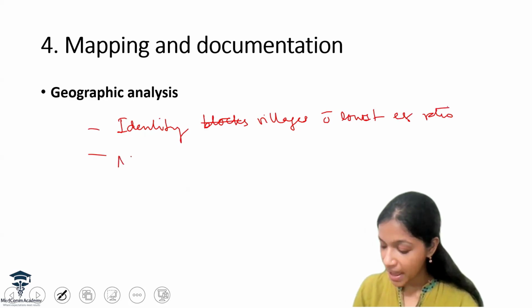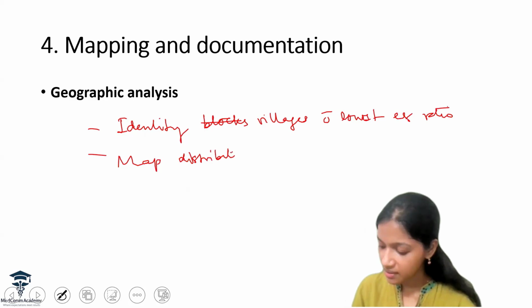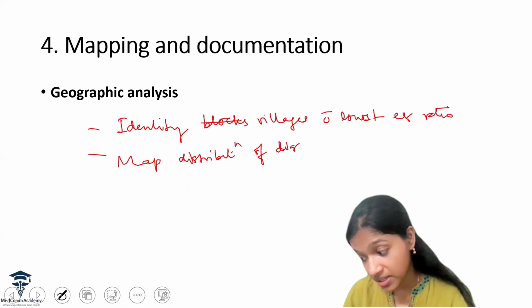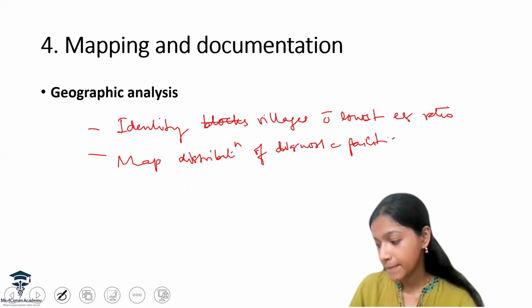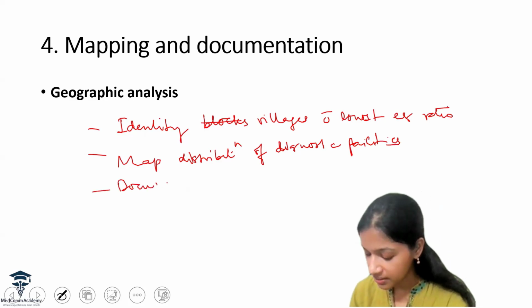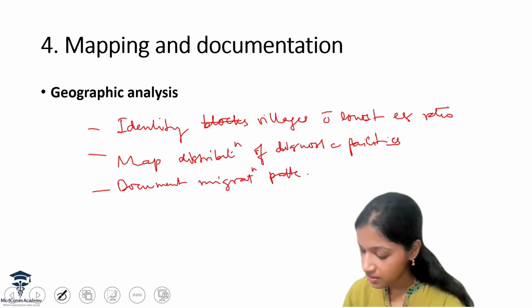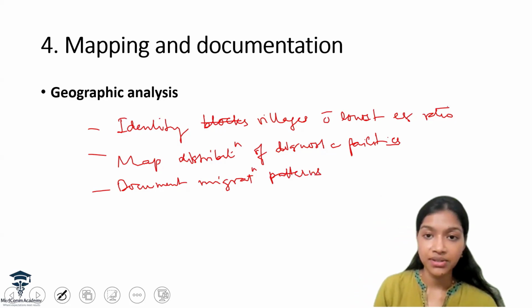We can map the distribution of diagnostic facilities. We can document migration patterns, which can affect sex ratio calculations, right?